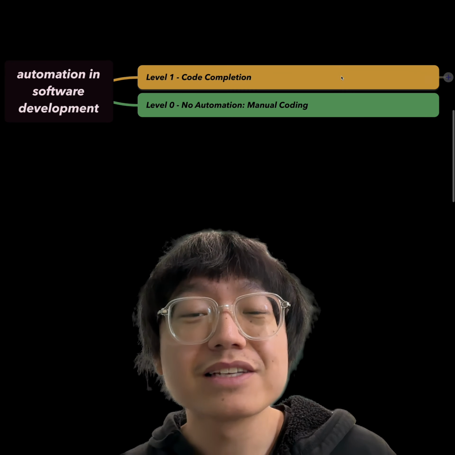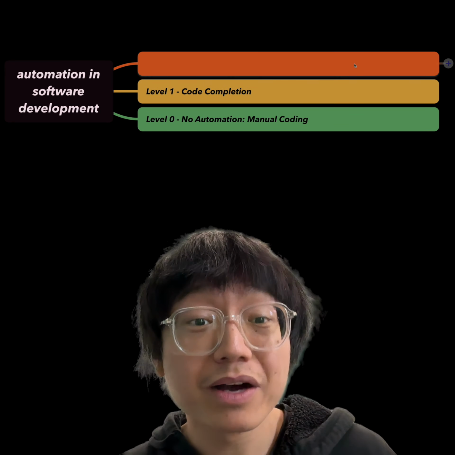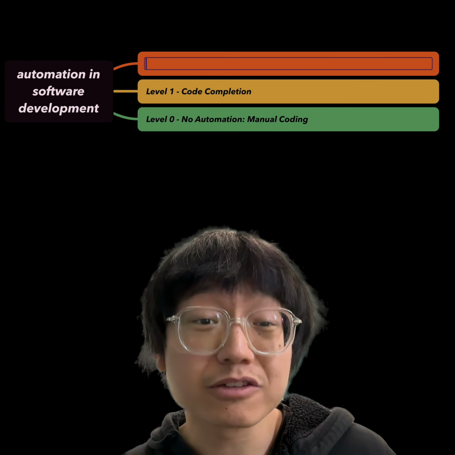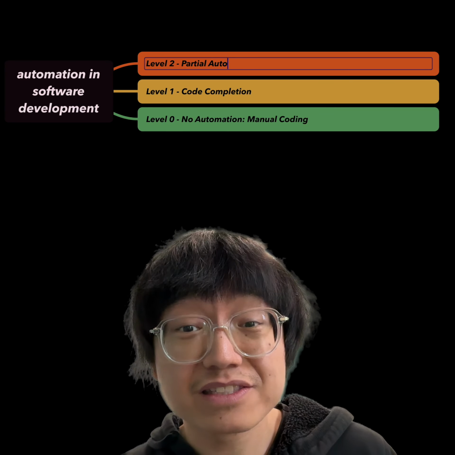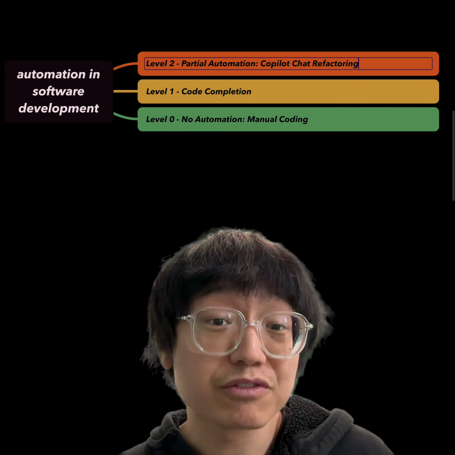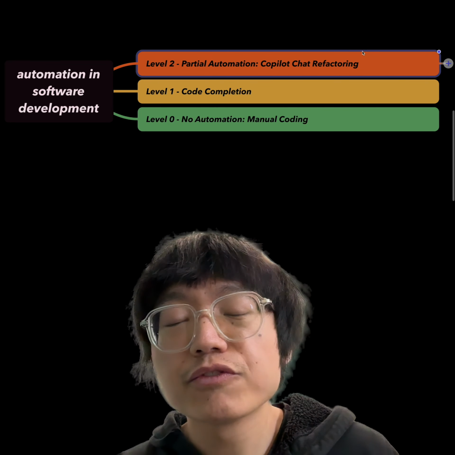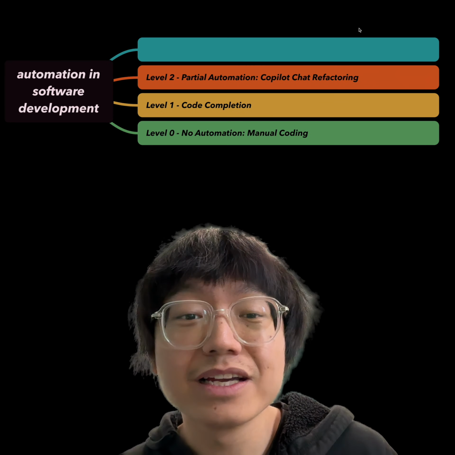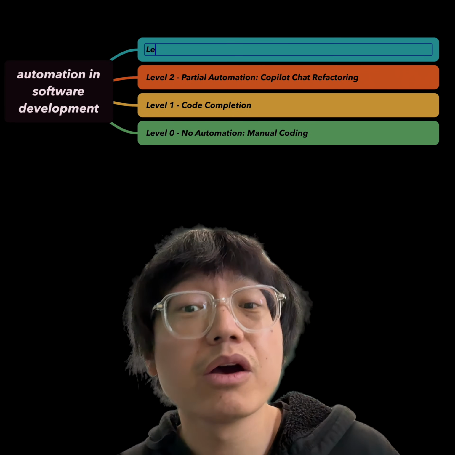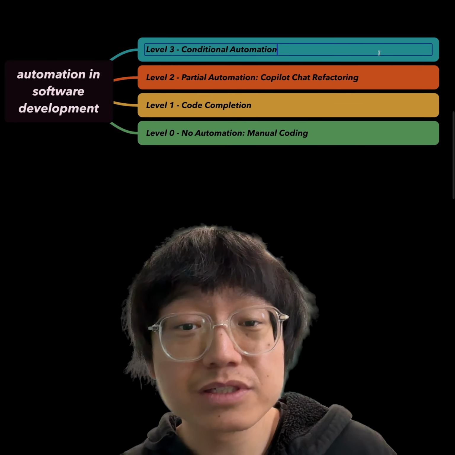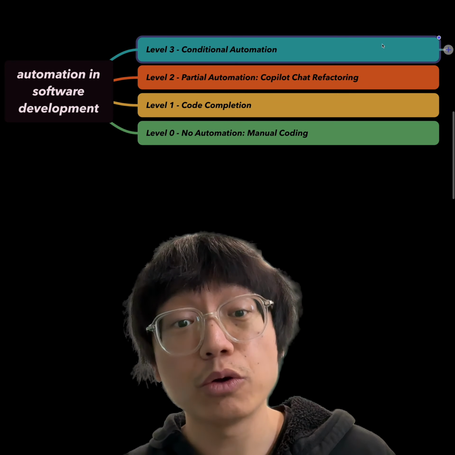And level 2 is automated refactoring or debugging, which is more complex automation, but is still supervised by the human developer. And level 3 is conditional automation for some specific tasks like unit test generation or code translation with tools like DiffBlue or Transcoder.